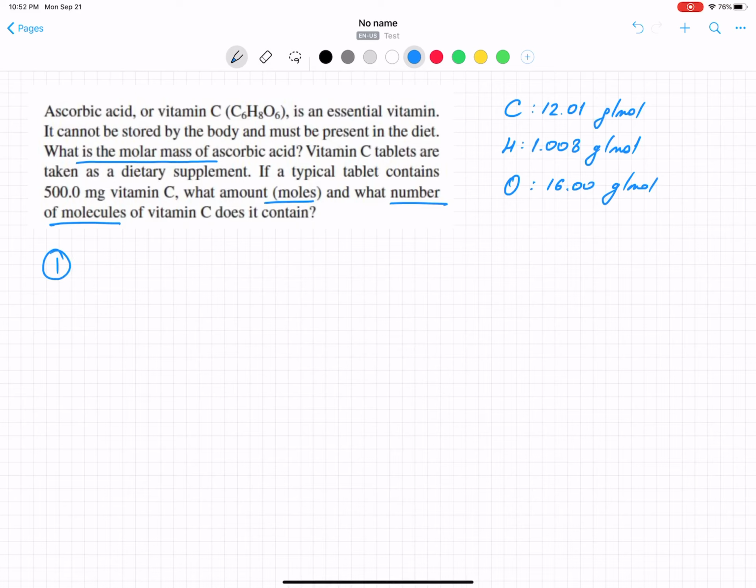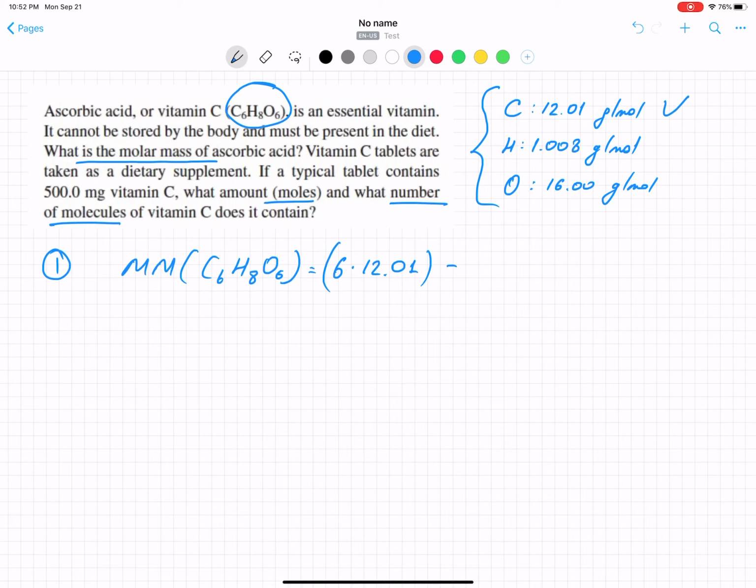In order to solve this, we have the formula and we have their atomic masses. So we need to combine them. The molar mass of C6H8O6 will be: you're going to multiply by their atomic masses.